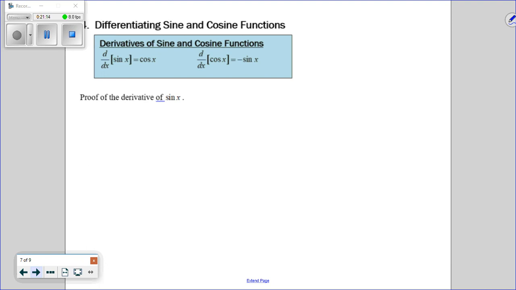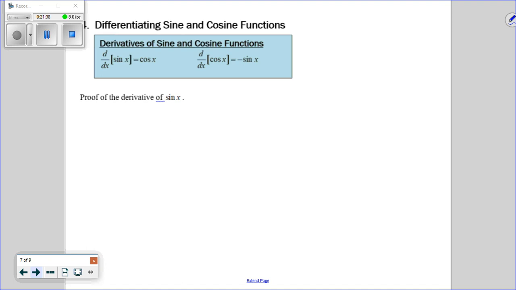Okay, and then the last thing we're going to talk about today are the derivatives of sine and cosine. I was going to take you through a proof of one of these, but it's a little lengthy. But let me just say that these rules come from using the definition of the derivative, the long way to find the derivative.